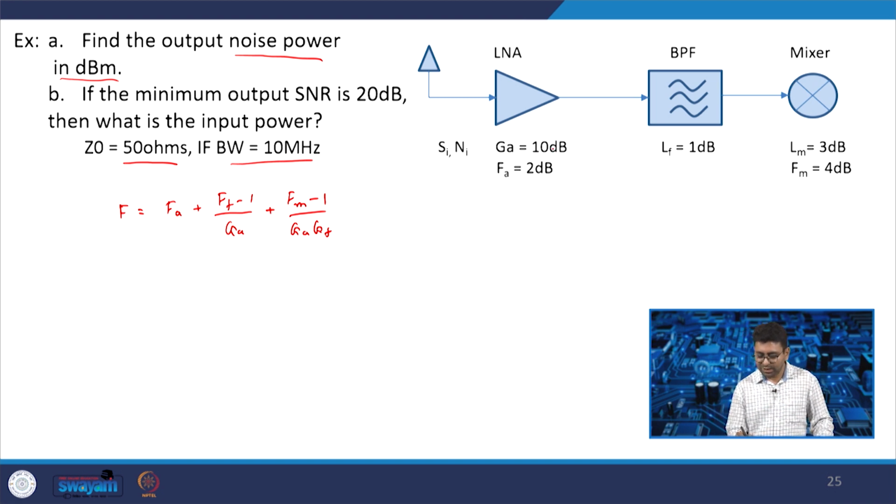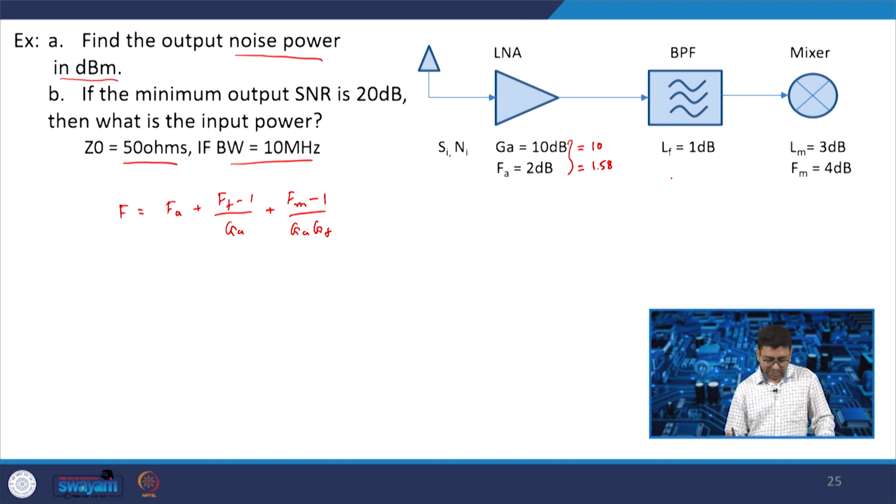First, try to convert these dB quantities into absolute quantities. So, the amplifier gain of 10 dB is a gain of 10, and F A, converted into absolute terms, will be around 1.58.